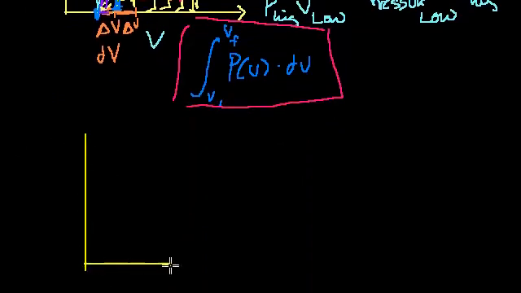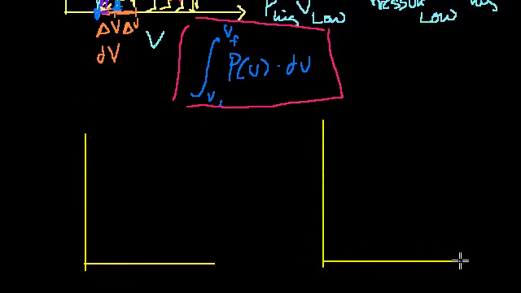So it's pressure, volume. I'm actually going to do two graphs here. All right. So in the first one is pressure, volume. We started here at 1, and we went here to 2.